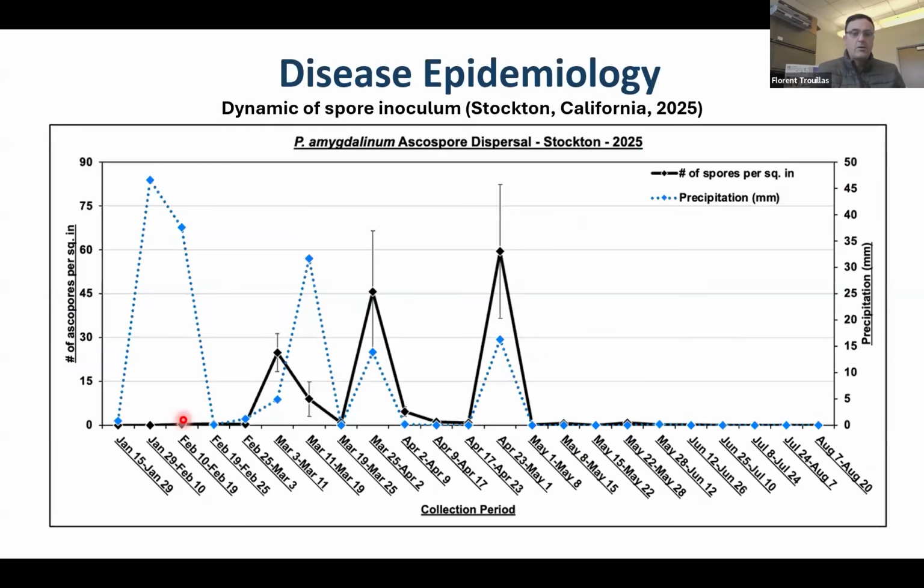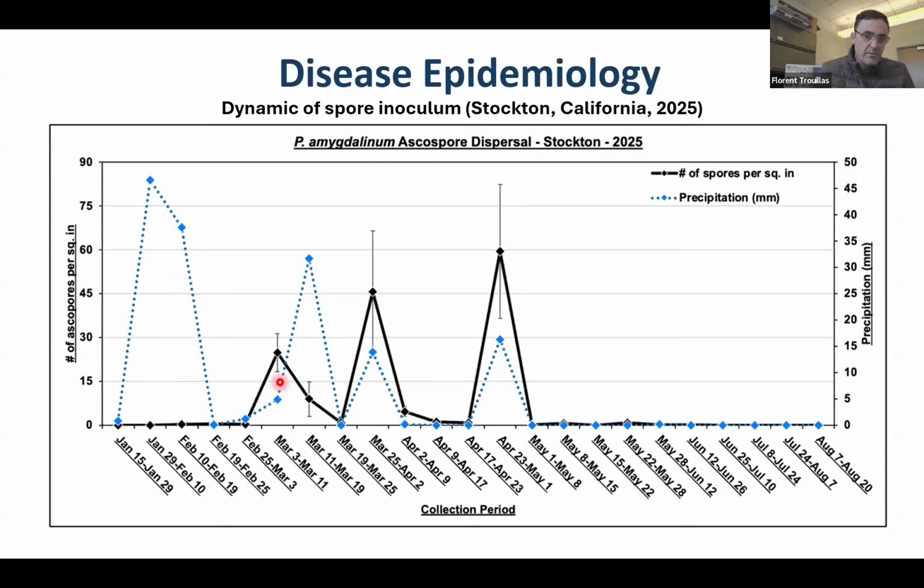So back to our more classic technology using the microscope spore traps. What we've seen in California here is almost a full growing season, starting at the end of January, moving into February, March, April, May, all the way into harvest. What you see here in blue is the precipitation, the rain mostly, that occurred last year in 2025.